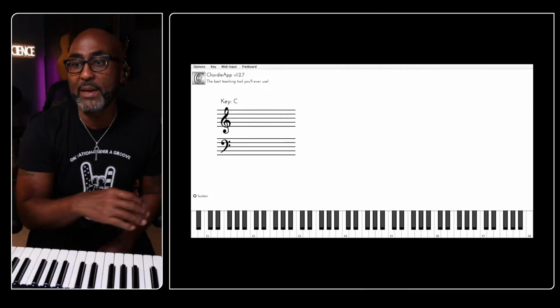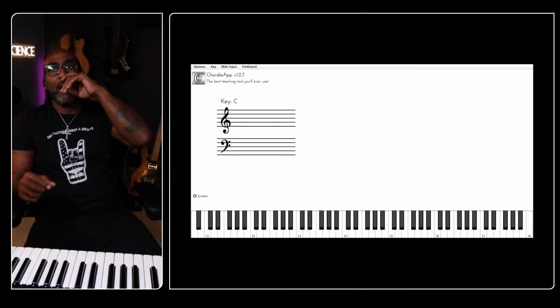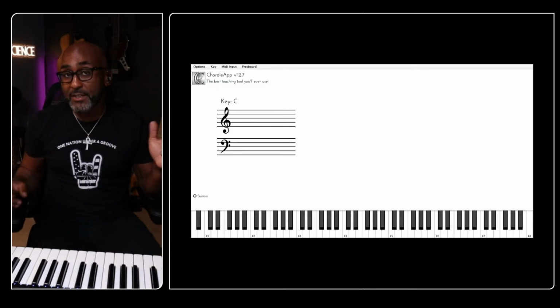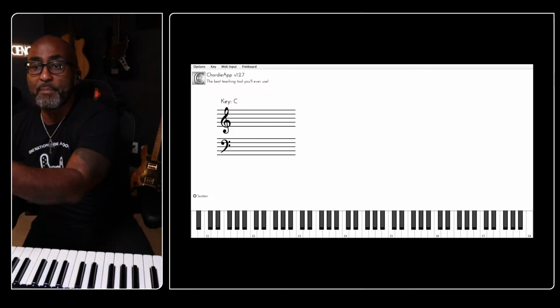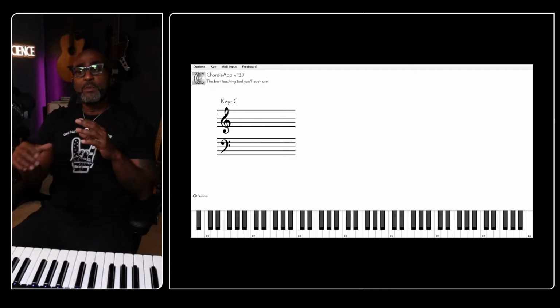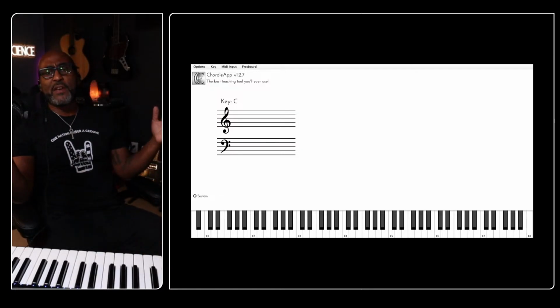Typically you're not going to see it, you might, but this is why they call it music theory and not music facts.